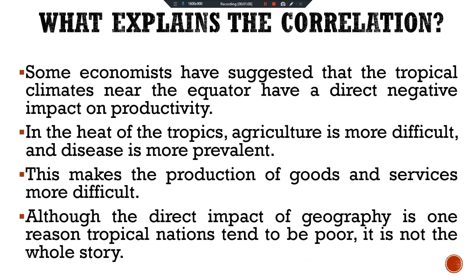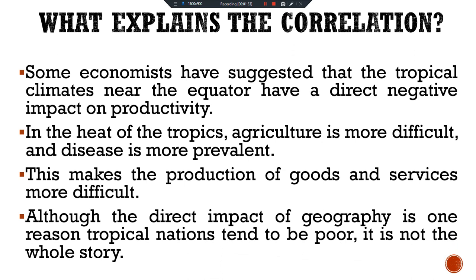Although the direct impact of geography is one reason tropical nations tend to be poor, it is not the whole story. A recent study conducted by Simon and Robinson has suggested an indirect mechanism: the impact of geography on institutions.